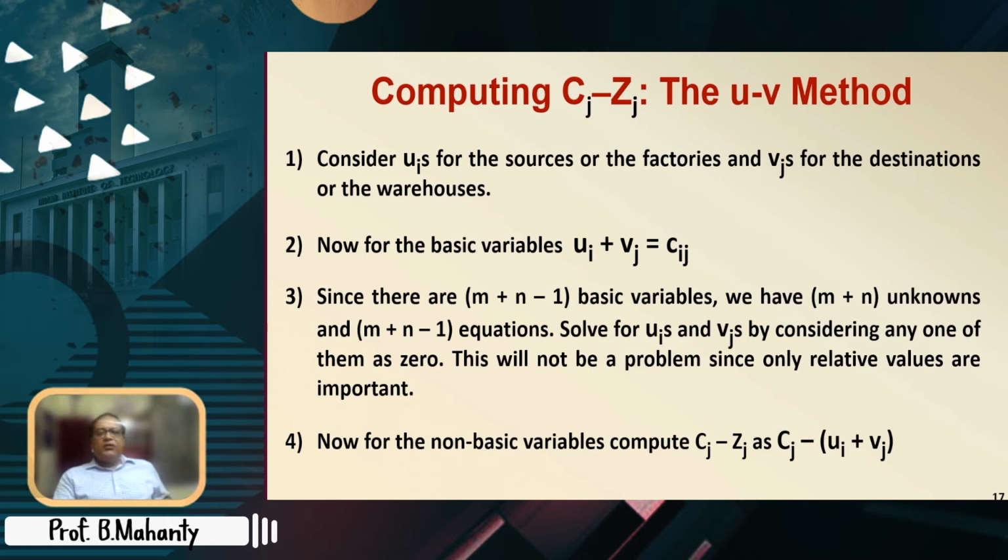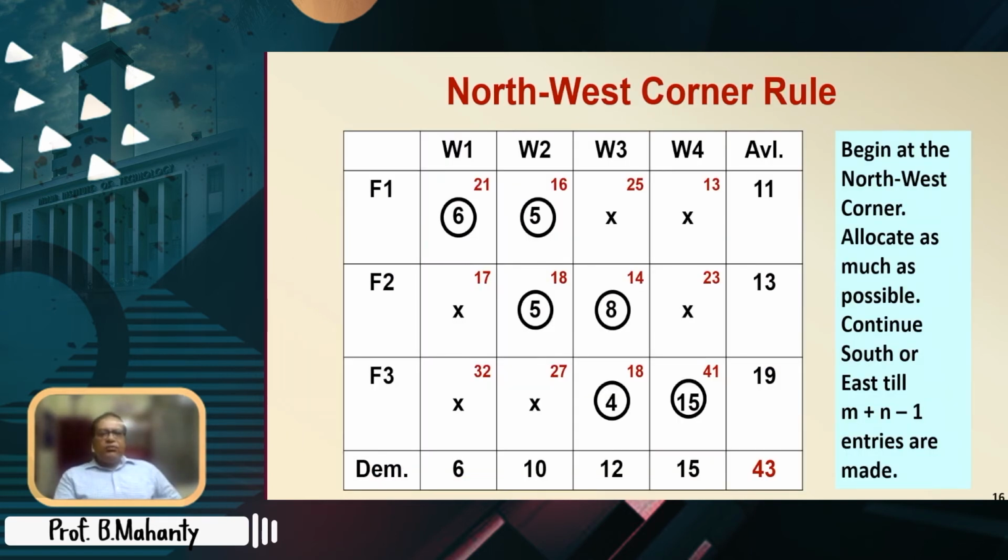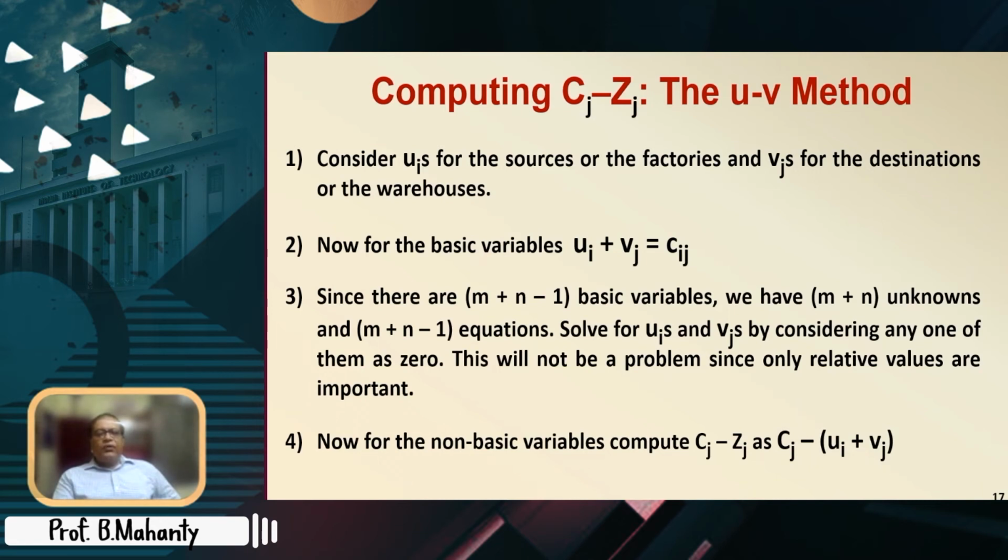Since there are m plus n minus 1 basic variables, we have m plus n unknowns and m plus n minus 1 equations, because there are m number of u's and n number of v's. So here the total is 7: 3 Ui's and 4 Vj's, but since basic variables are only 6 in number, the number of equations is 6. So there are 7 different unknowns to solve from these equations.